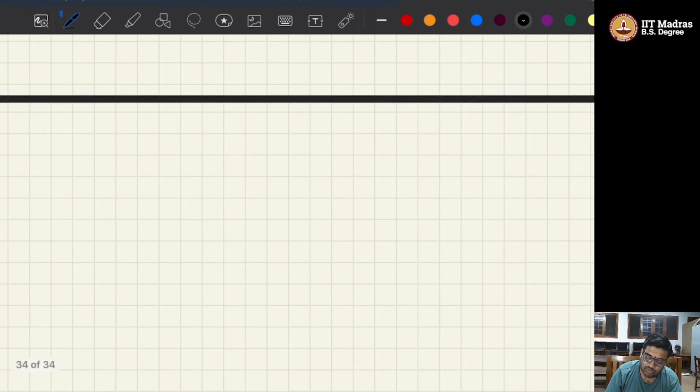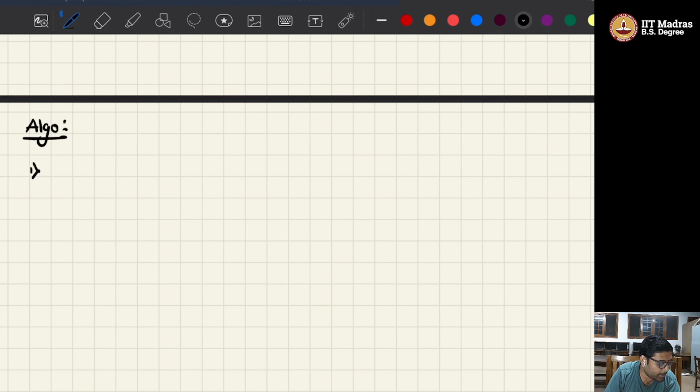I'll give the steps. Now let's see. Given the Gaussian mixtures, the goal is to maximize the likelihood function with respect to the parameters, to get the means, covariances, and the mixing coefficients. Now first, let's look at the algorithm.